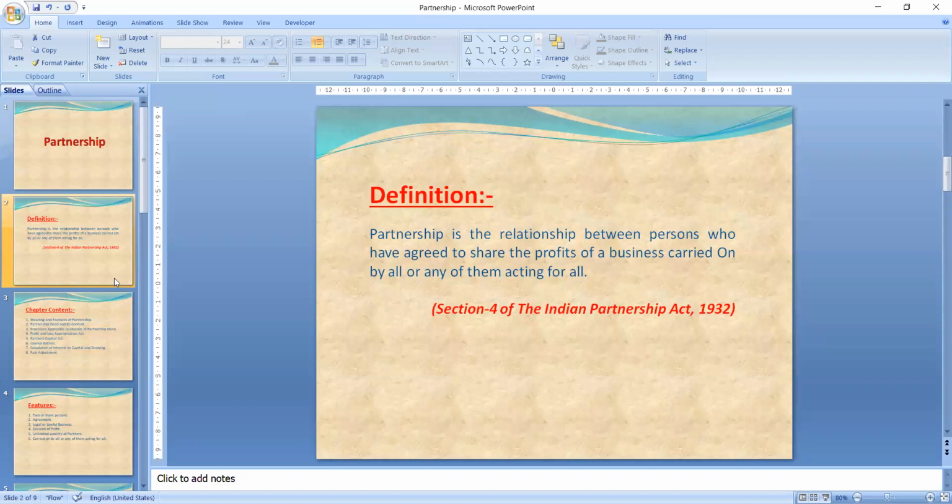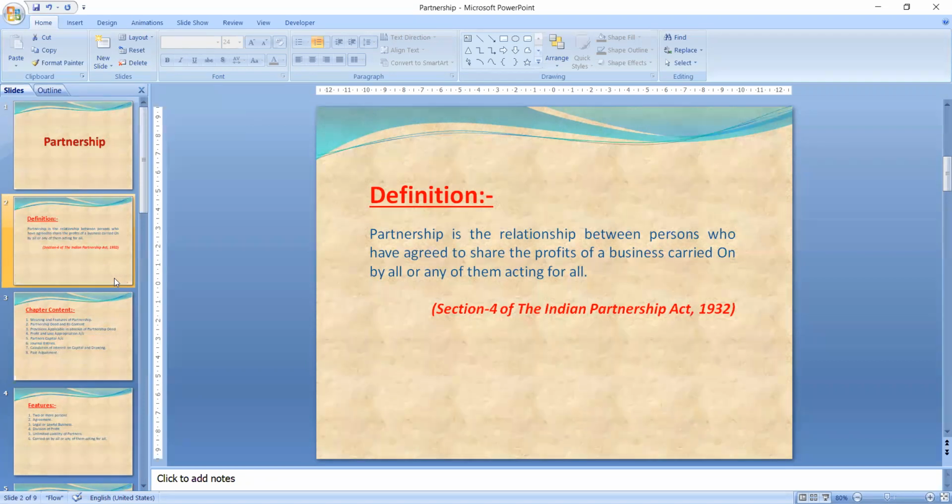Means a company's capital is divided into small parts, maybe in lakhs or crores of shares. If you purchase one share, then you are an owner, but there are 1 lakh owners like you. So you have very little share in ownership.